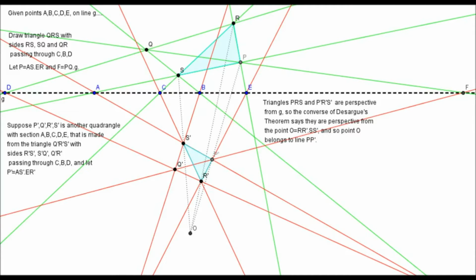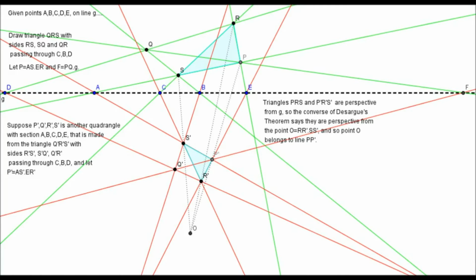So these two triangles are perspective with respect to this line g, and now Desargues' theorem, or its converse, I'll just call it Desargues' theorem, is an if and only if statement. Last time I was discussing it as if it was two separate results, but really Desargues' theorem just says that being perspective from a line is equivalent to being perspective from a point for triangles.